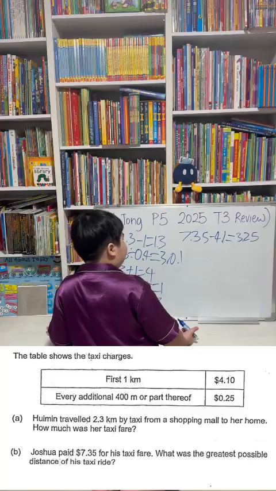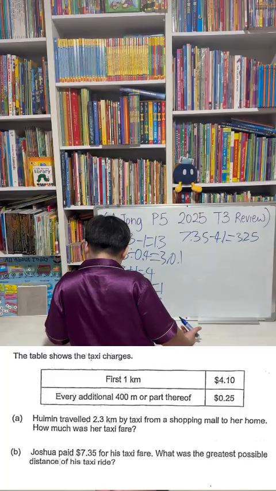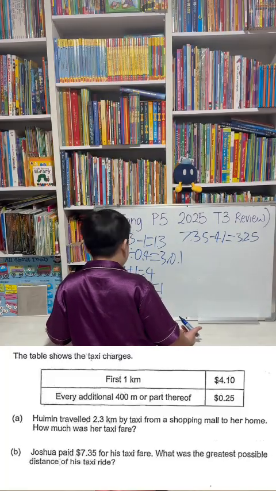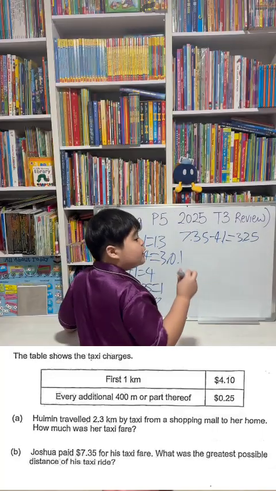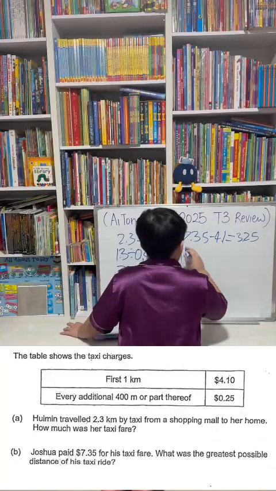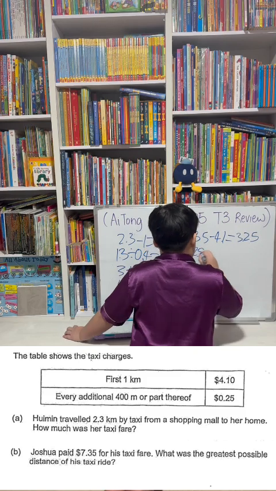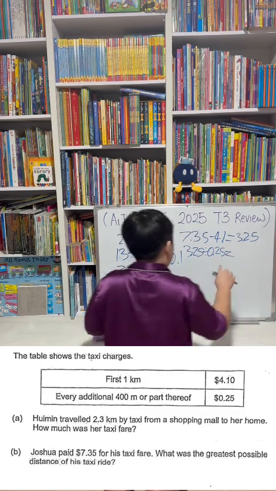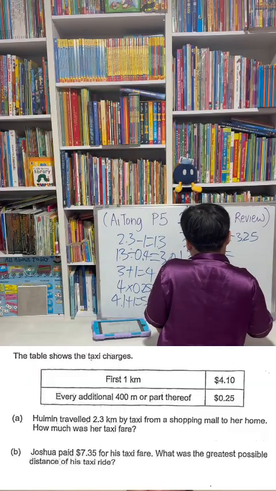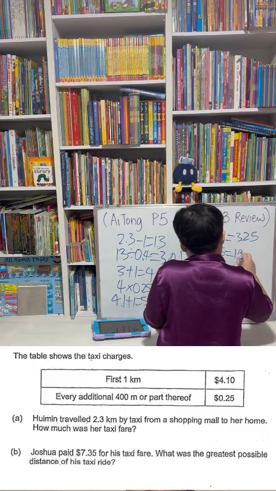Now we can find how many additional 400 meters or part of are in this $3.25. We do so by doing 3.25 divided by 0.25 equals 13.